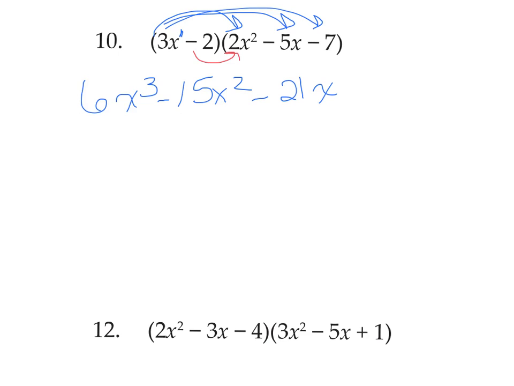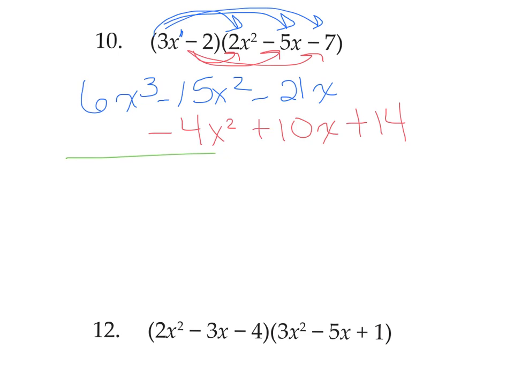Then distribute the negative 2. Negative 2 times 2x squared makes negative 4x squared. Negative 2 times negative 5x makes positive, because it's negative times negative, 10x. Negative 2 times negative 7, again, negative times negative is positive. 2 times 7 is 14.